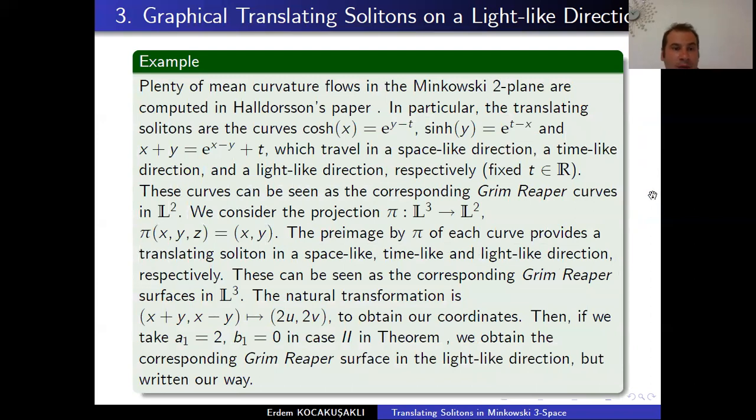Then, plenty of mean curvature flows in the Minkowski two-plane are computed by Holdersons. In particular, the translating solitons are the curves cosh x equals exp(y - t), sinh y equals exp(t - x), and x + y equals exp(x - y + t), which travel in a space-like, time-like, and light-like direction, respectively.